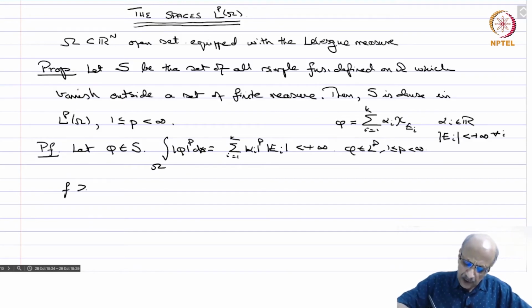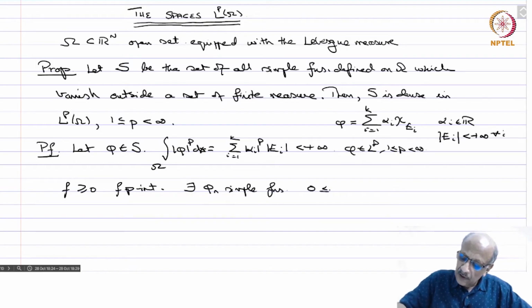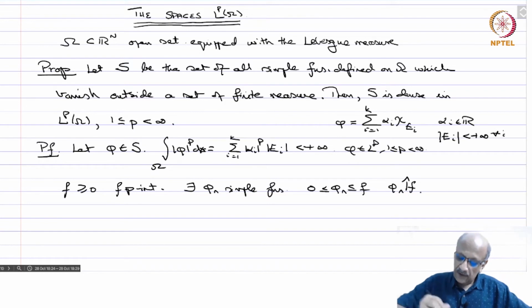So let f be non-negative, p-integrable. Now any non-negative measurable function can be approximated by an increasing sequence of simple functions. So there exist simple functions φ_n, 0 ≤ φ_n ≤ f, and in fact φ_n is monotonic, so it increases to f.